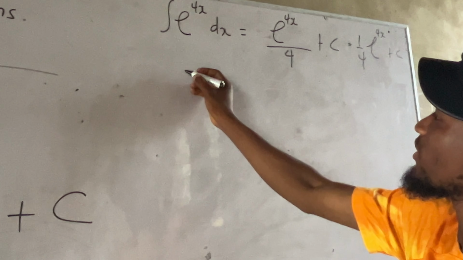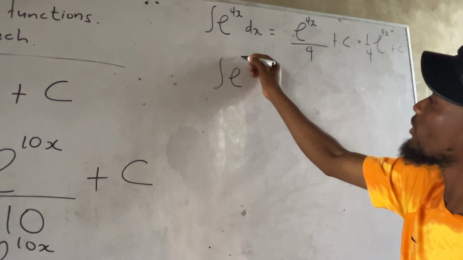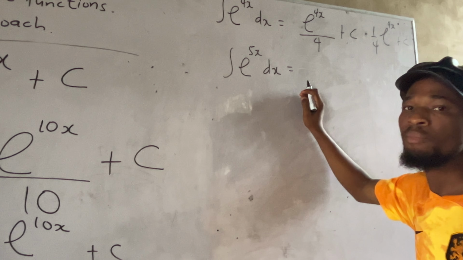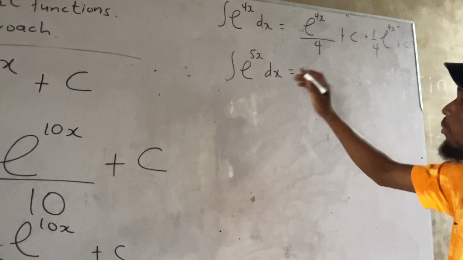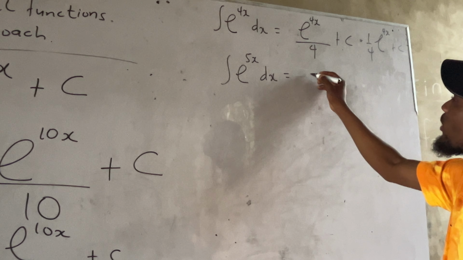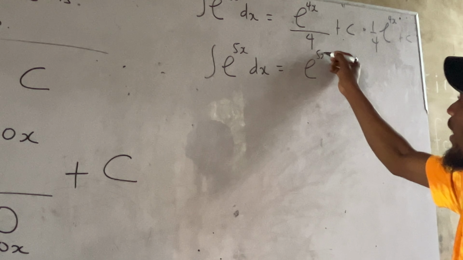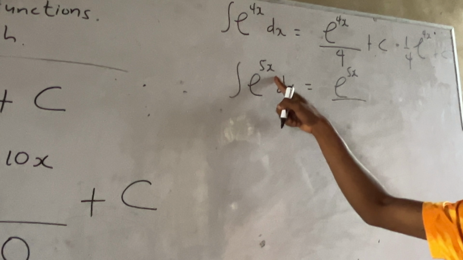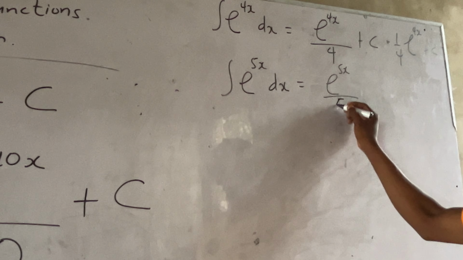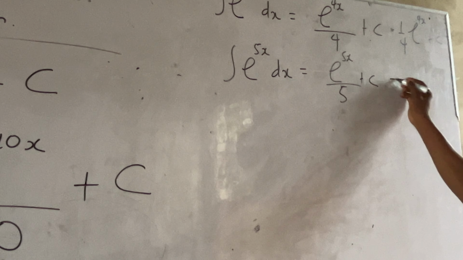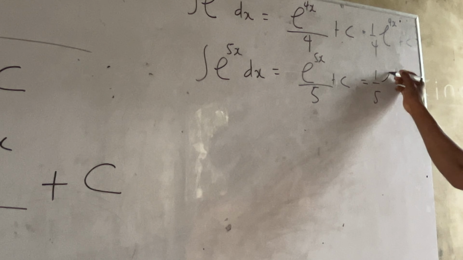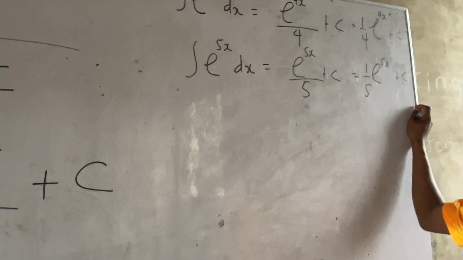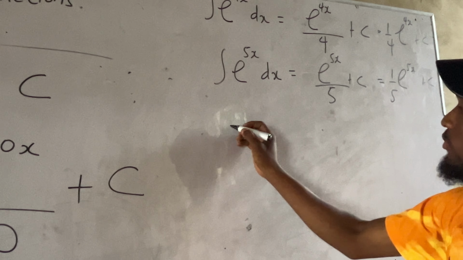Let's consider exponential 5x dx. Applying the same norm, you copy, then paste. So you have e to the 5x, then all over 5, since differentiating 5x gives 5, plus c, which is the same as 1 over 5 times exponential 5x plus the constant of integration.